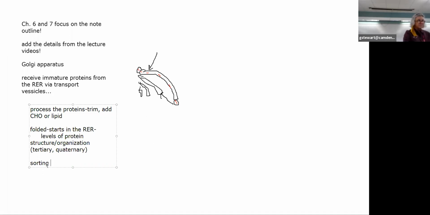So by sorting, we mean sorting into vesicles that are destined for the same location inside the cell. So some of these vesicles are going to be going to the mitochondria, because the mitochondria can make its own proteins, but not very many of them.